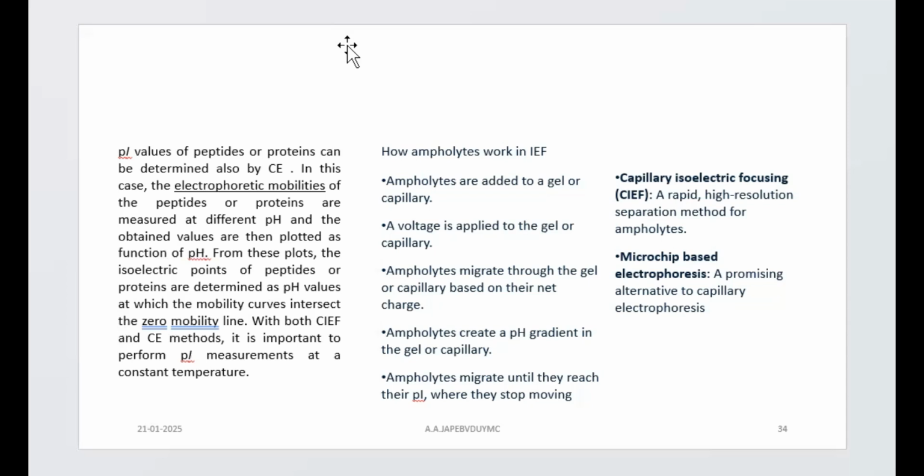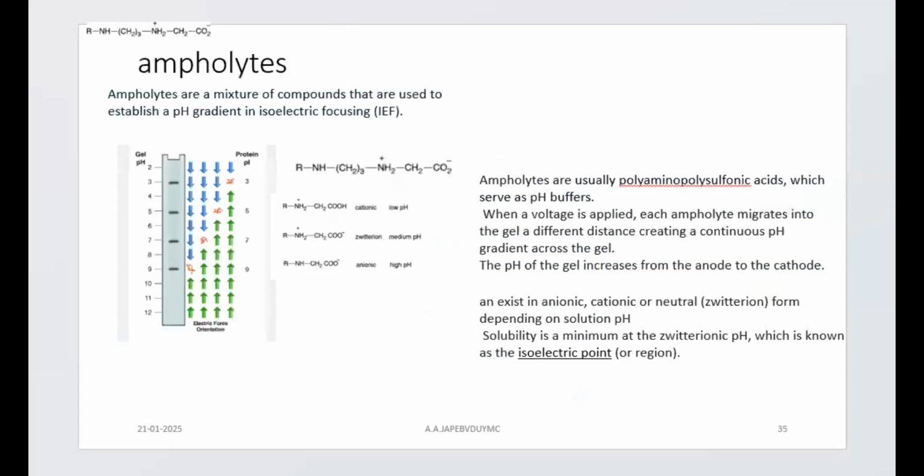The advanced version of the capillary electrophoresis system is the microchip-based method, which is an alternative to capillary electrophoresis. Fine, so this is just some insight into the method. Now, when I say ampholytes, what are they really? Of course, we have molecules like the polyamino sulfonic acid, for example.